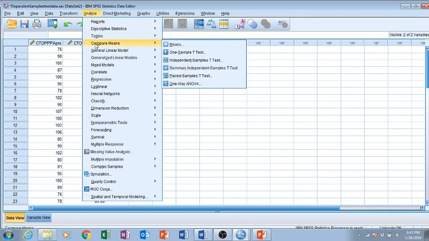Our null this time doesn't say our mean doesn't differ from the population mean. What it's saying now is there are no differences pre to post test. So if I take all the pre-test and I subtract all the post-test, the difference should be 0.